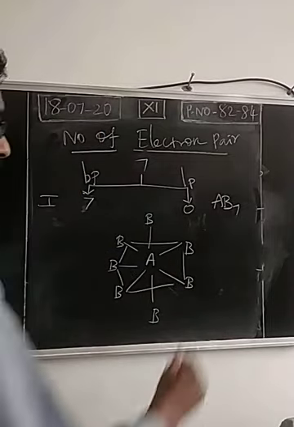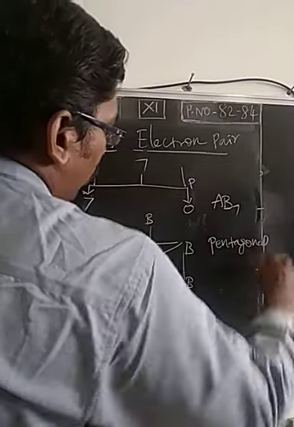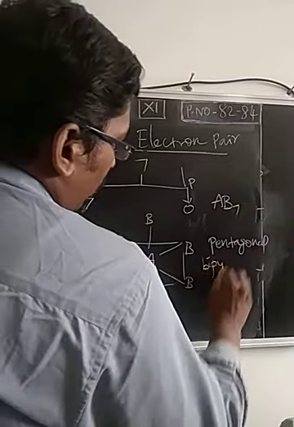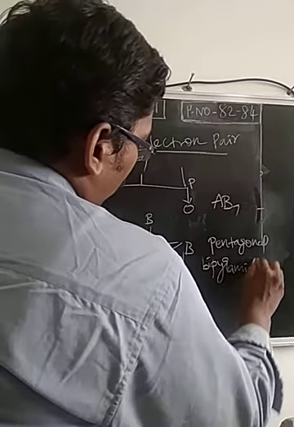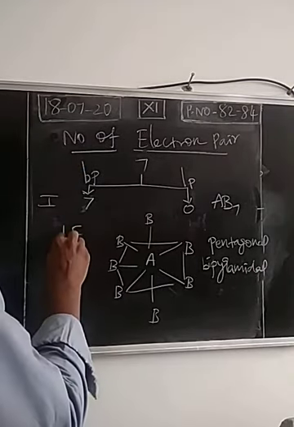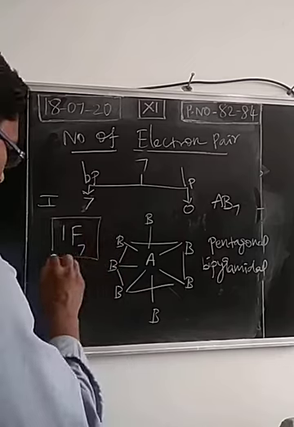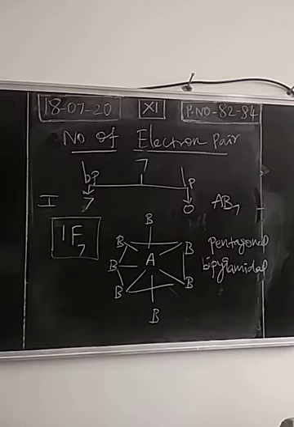So this is called pentagonal bipyramidal. Example IF7. It's called iodine heptafluoride, right? So iodine heptafluoride is an example for this type of compound. So totally 7 electron pairs present in the form of bonded pairs of electrons. So the expected geometry is pentagonal bipyramidal.